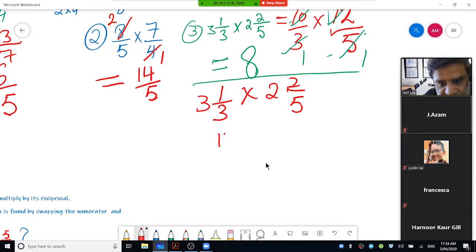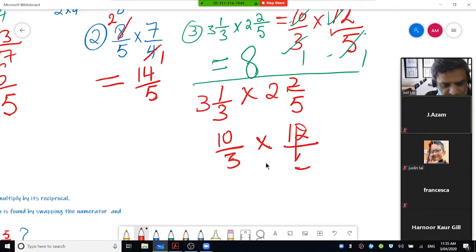So it becomes 10 over 3. And this is 5 times 2 is 10, 10 plus 2 is 12. So it becomes 12 over 5.